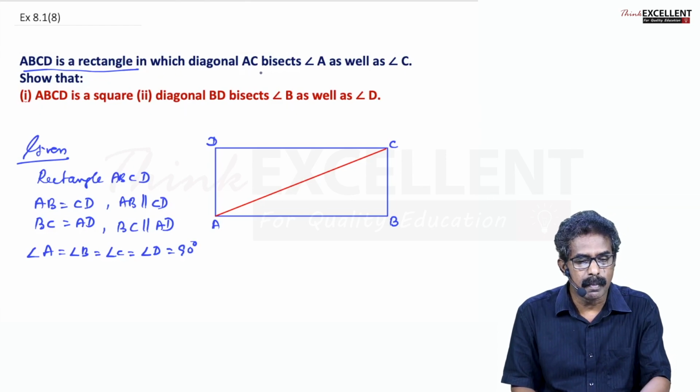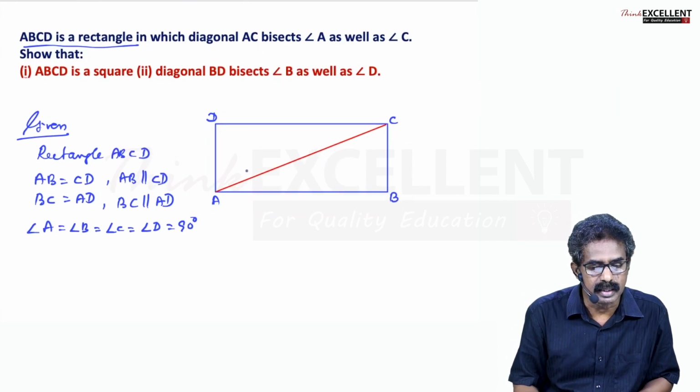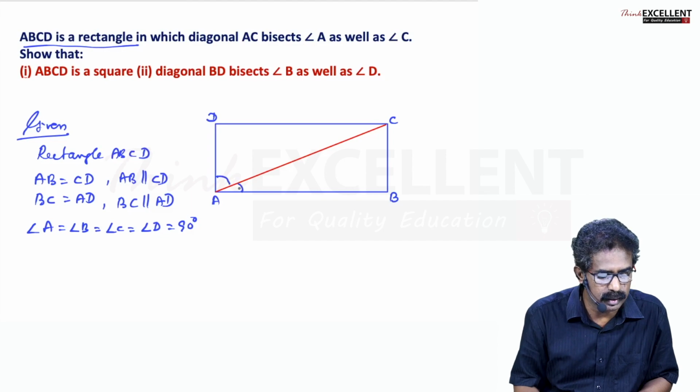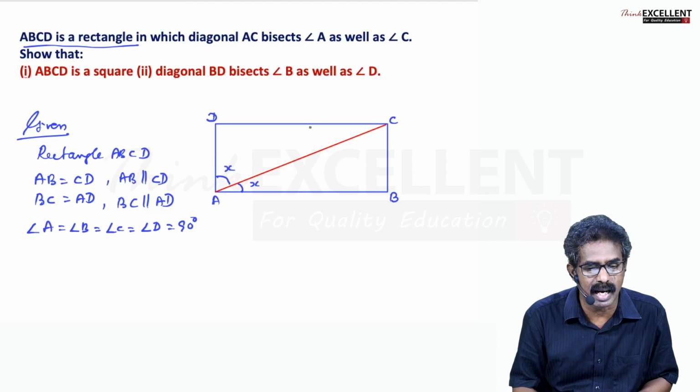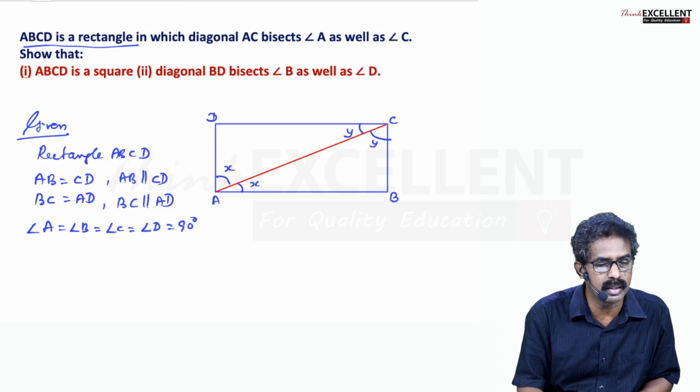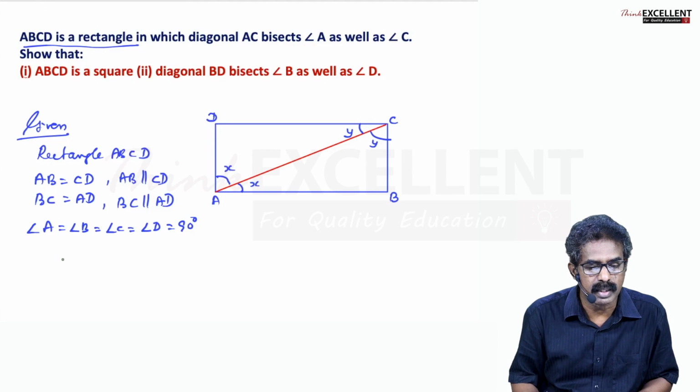Diagonal AC bisects angle A, which means these two angles are equal. If I take this as X, this is also X. And it bisects angle C as well, so these two angles are equal. Take one as Y, so both angles are Y. That is also given here.